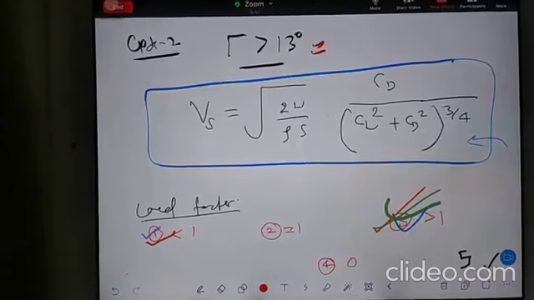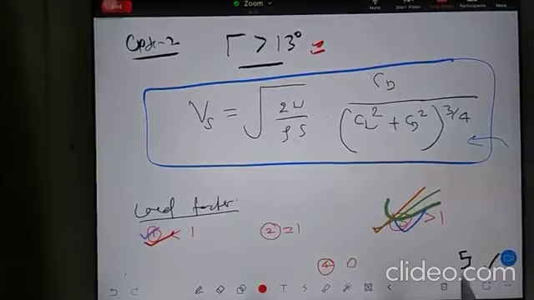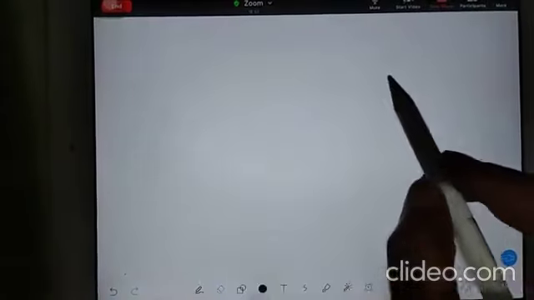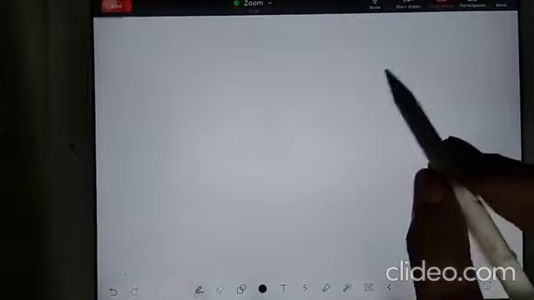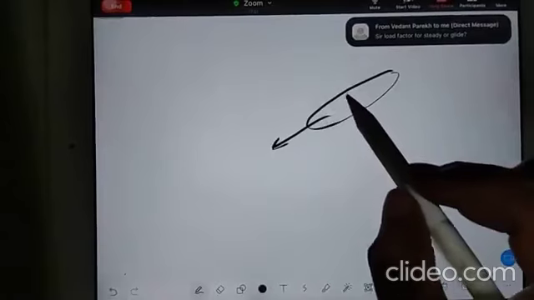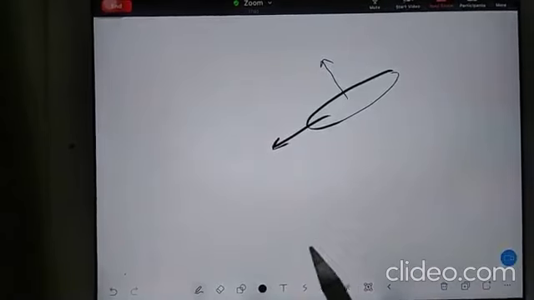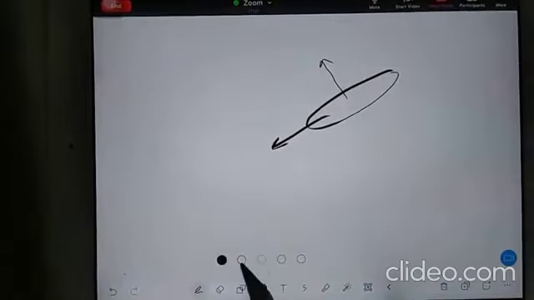Okay, now see. I will change the page. Just now you saw that your aircraft is going in this direction, and lift is acting in this direction. For gliding, lift is in this direction, but your weight was in this direction.